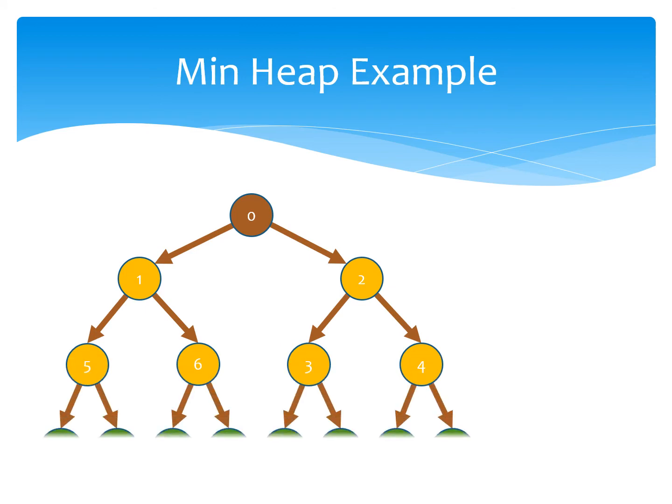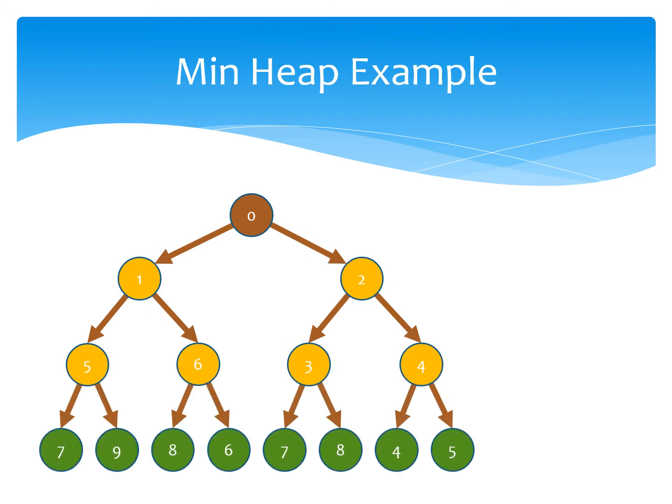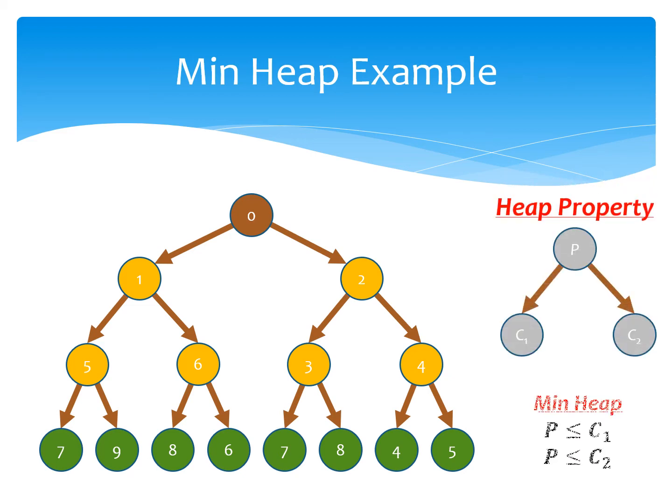This is an example of min heap. The heap property of a min heap is that each parent node is always less than or equal to its child nodes.